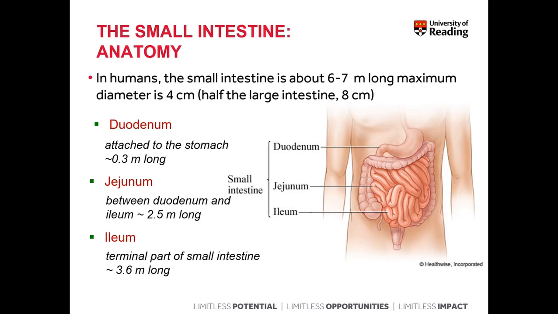The jejunum, which is between the duodenum and the ileum, is 2.5 meters long. And finally, the ileum, where most of the absorption takes place, which is the terminal part of the small intestine, is around 3.6 meters long. And it's connected via the ileocecal sphincter to the large intestine.